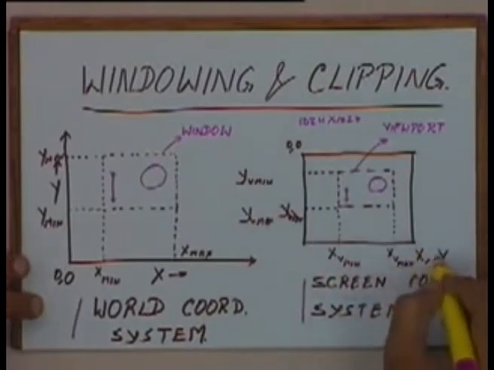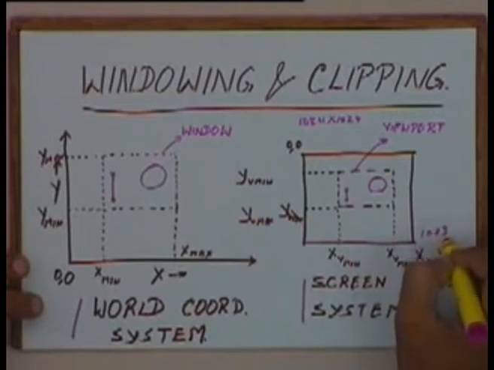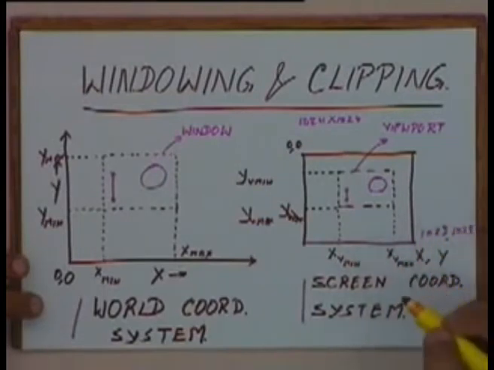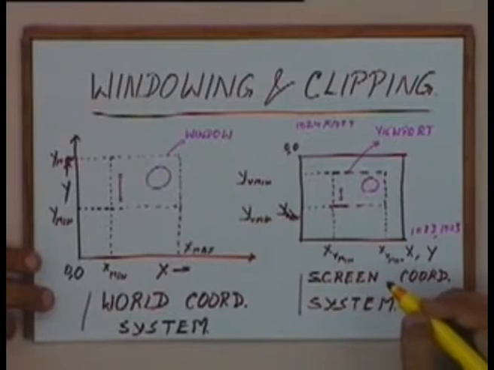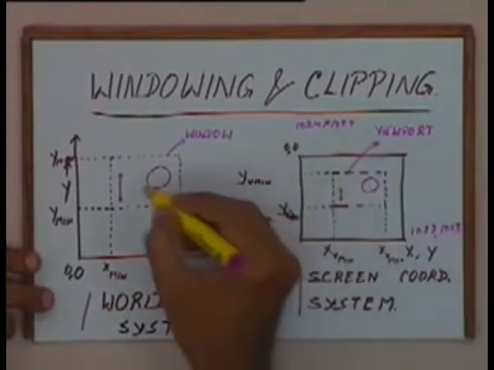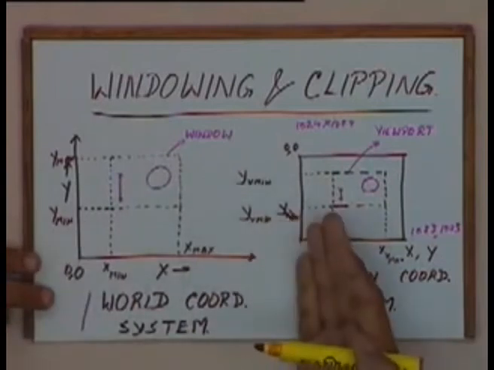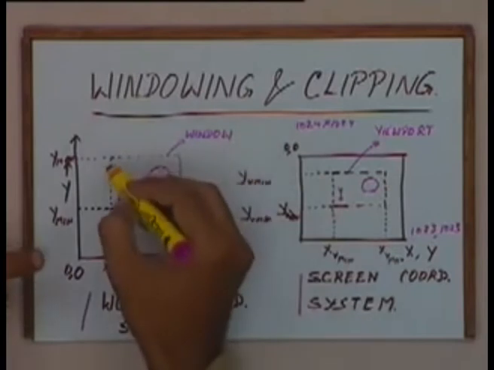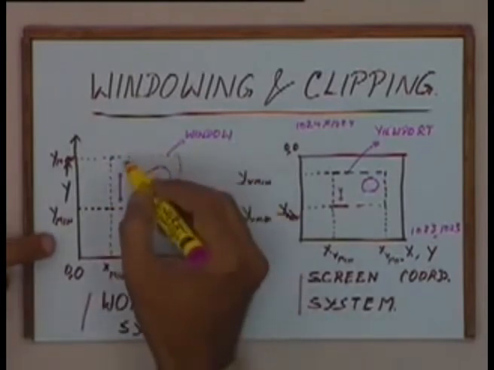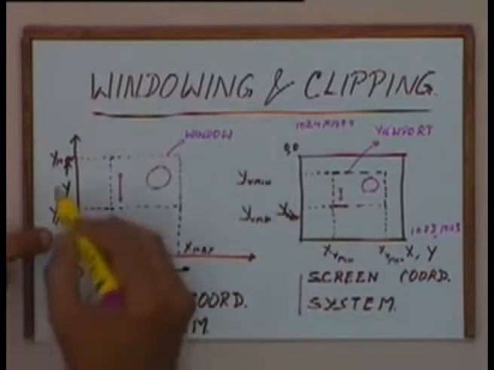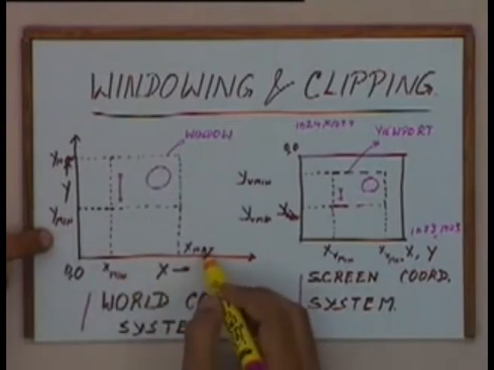This xy maximum would then be 1023 comma 1023. So these coordinates will be in this range, but these coordinates can be in minus infinity to plus infinity. And if they are within this window, they will be in the range of between y min and y max and x min and x max.